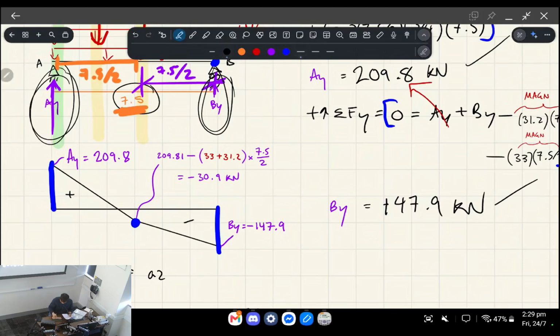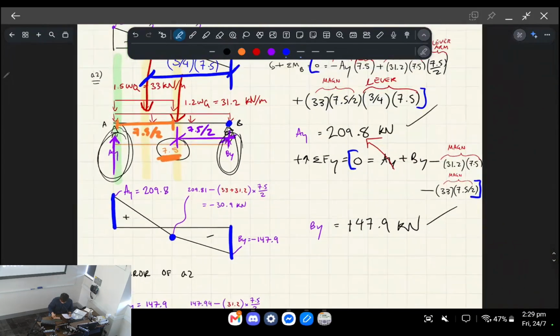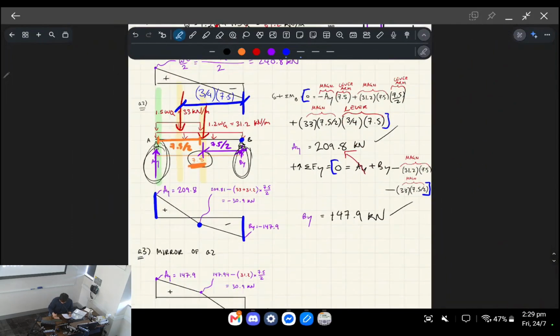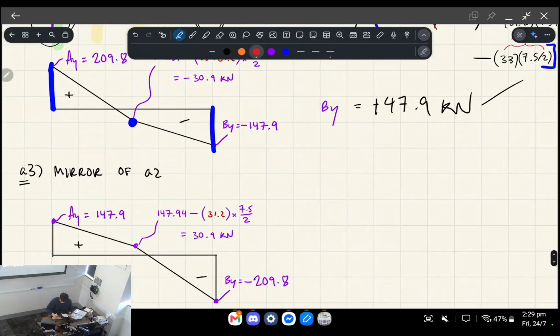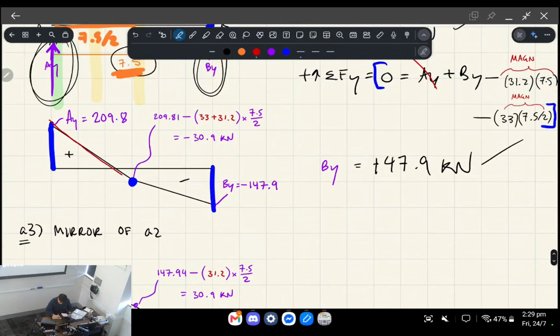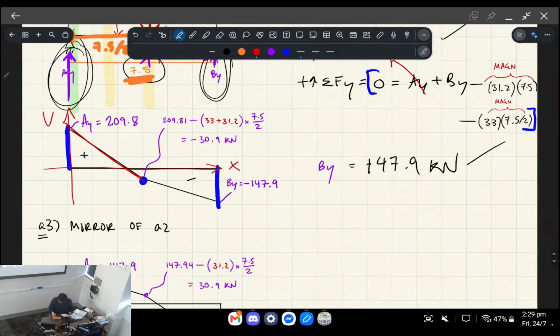We can find that through a straight line. So imagine this line, mapped shear versus X. So this is a shear force diagram, and we're interested in this line function at X equal to 3.75.